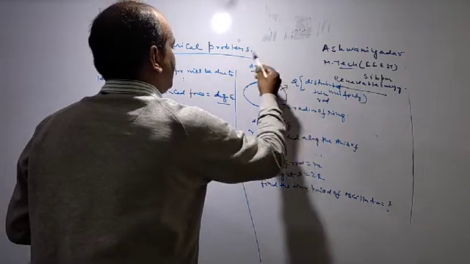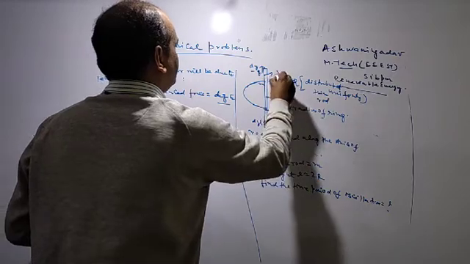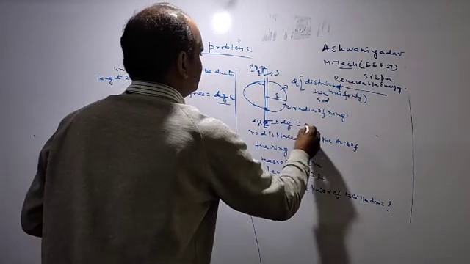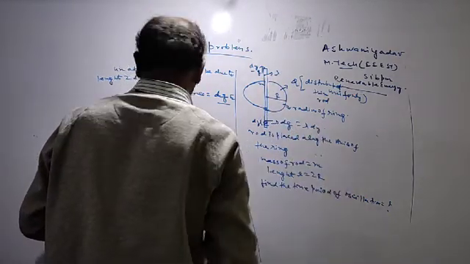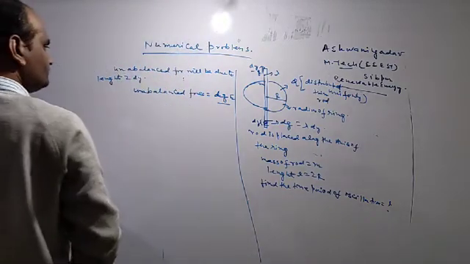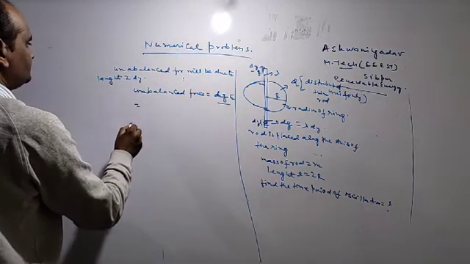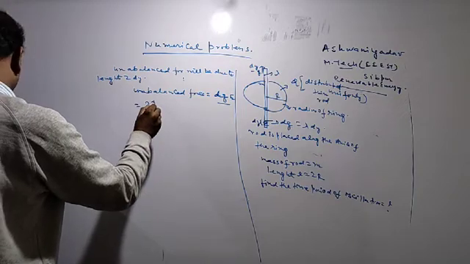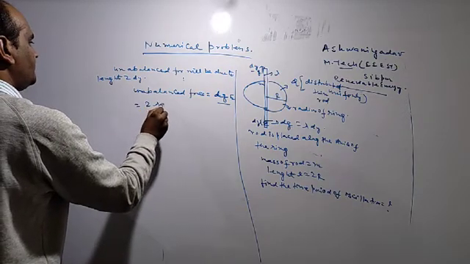Let us define charge distribution as lambda. Then we have dq is equal to lambda into dy. So we have unbalanced force is equal to 2 lambda into dy.